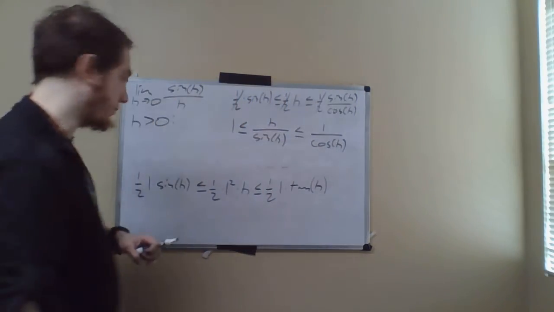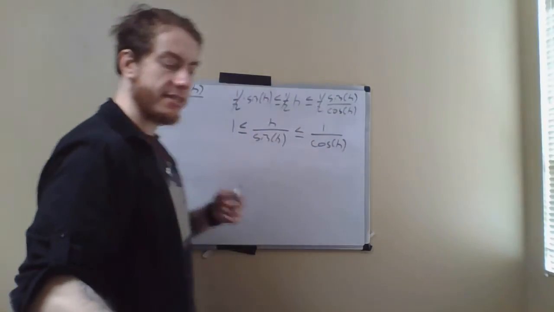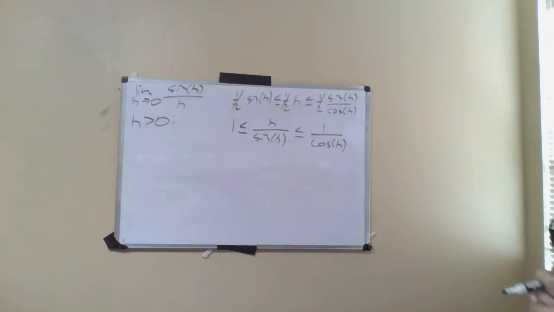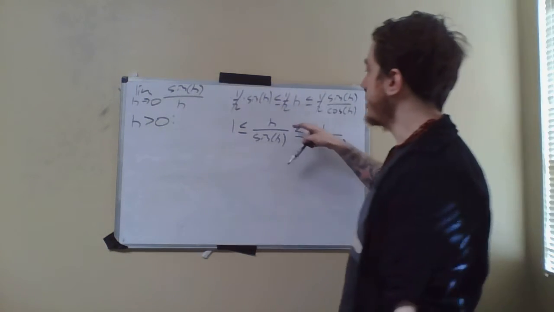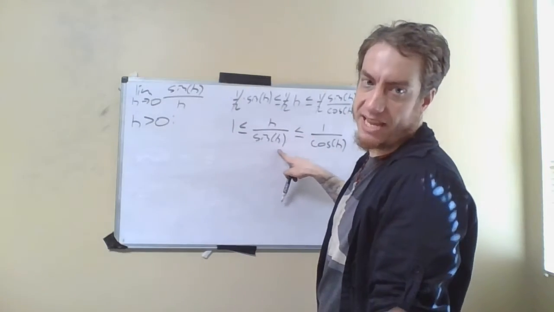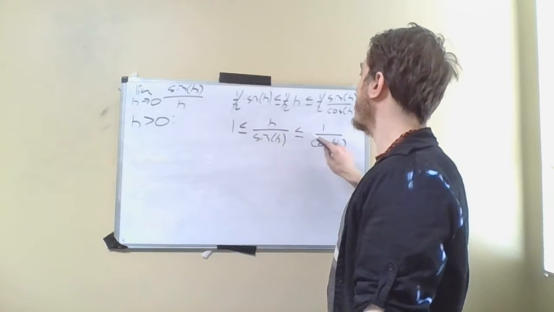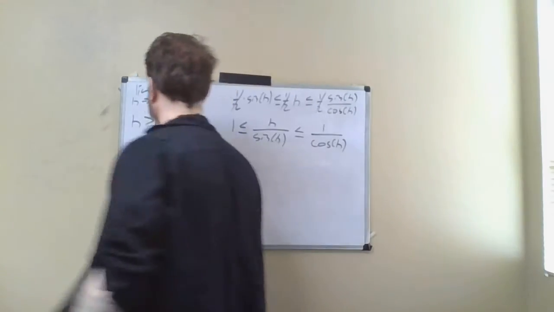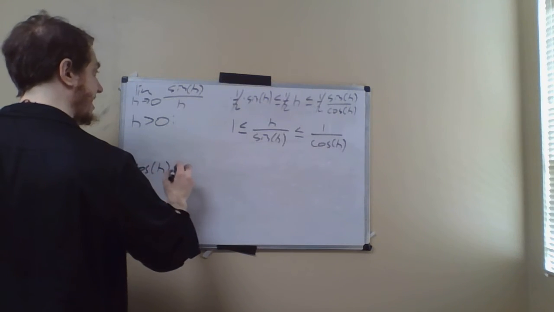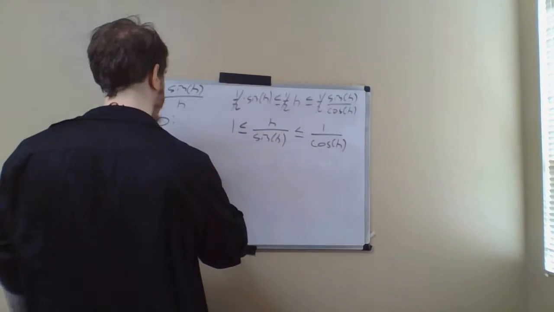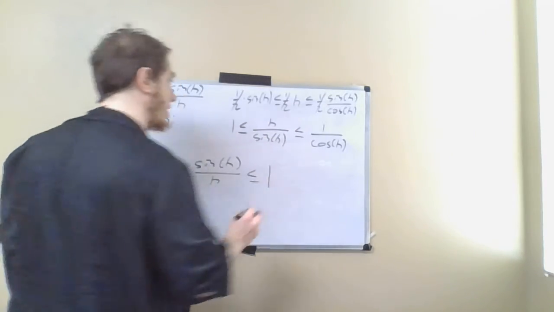So I divided everything through by sine of h, and because h is positive, sine of h is also positive, and so I get this inequality. Now, I'm not actually interested in h divided by sine of h. I'm interested in the reciprocal of this. But I can take the reciprocals of each of these things and it just flips the inequality. So I get that the cosine of h is less than or equal to sine of h over h, less than or equal to 1.